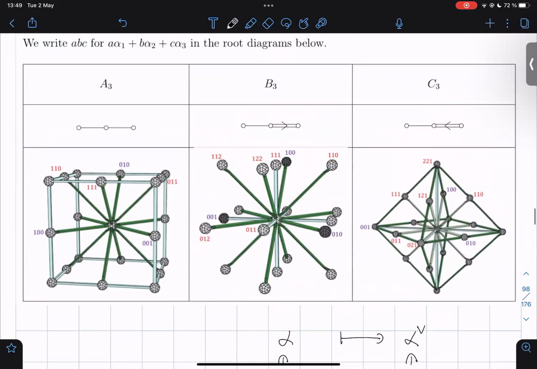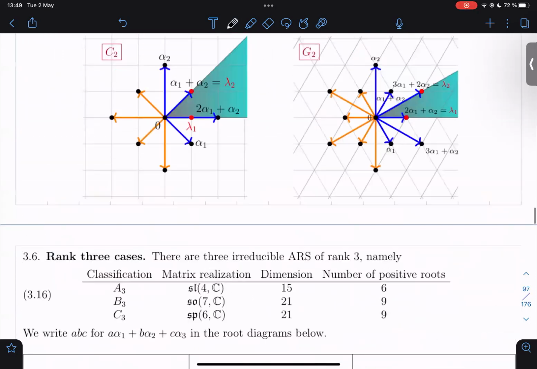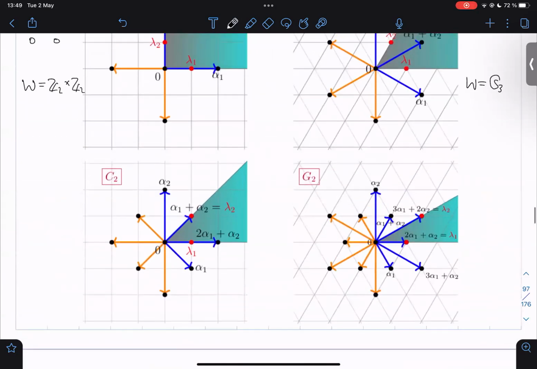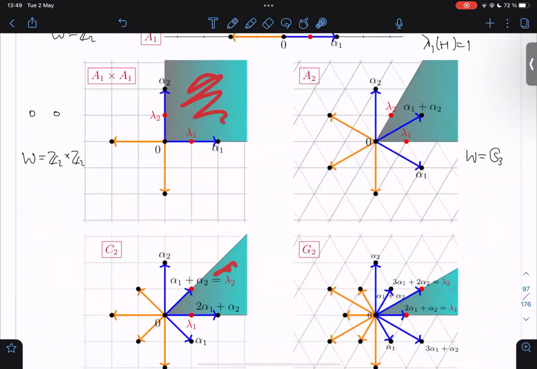objects. Okay, I want to mention one other really nice way of visualizing Weyl chambers. So in the two-dimensional case, you have these things that I've colored in over here, right? And you can see they're mirrors in these walls.